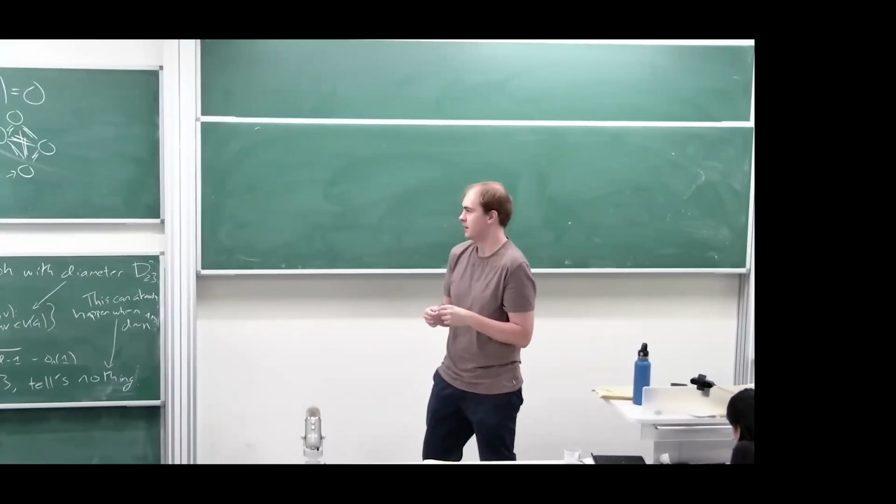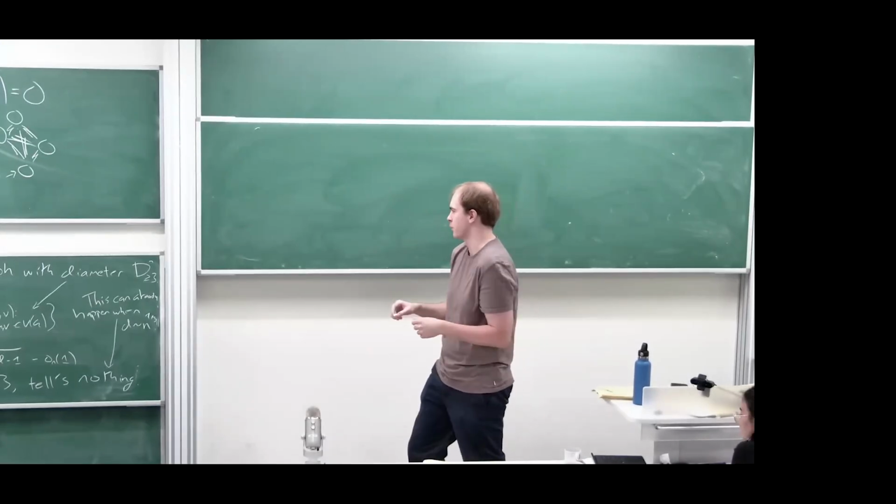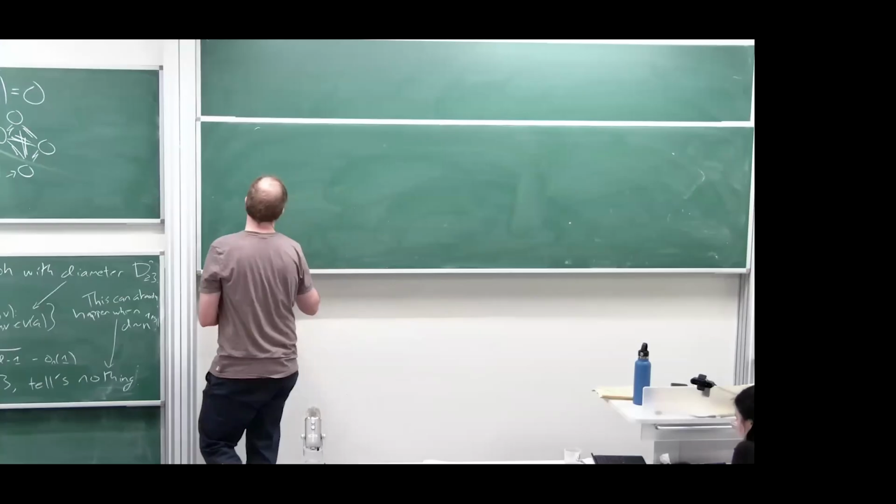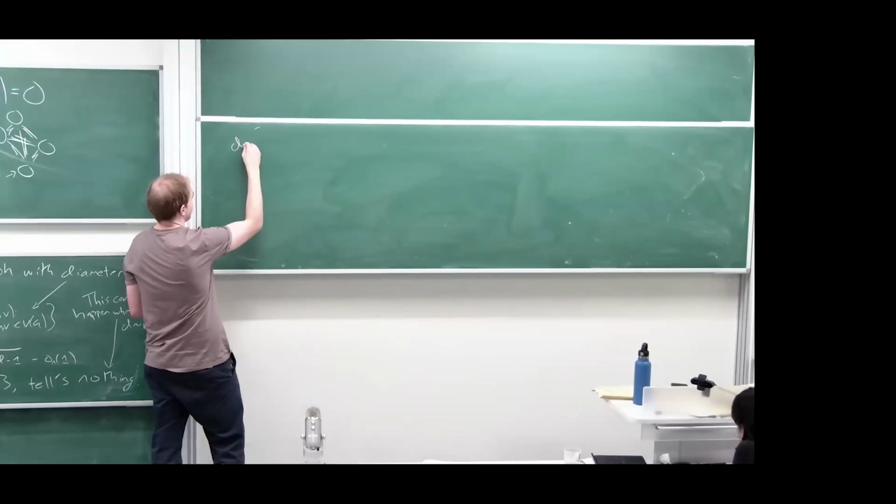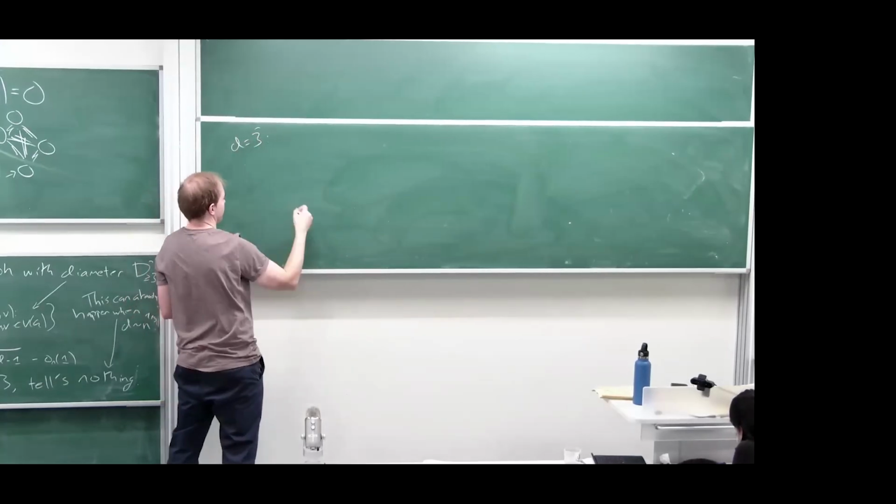And finally, where is this 2 times square root of d minus 1 kind of heuristically coming from? So let's now look at the case, let's say d equals 3.